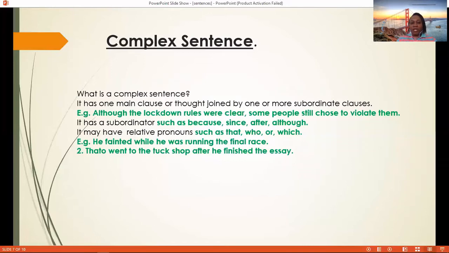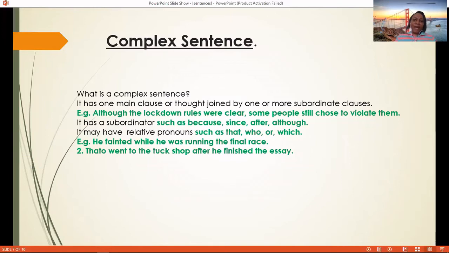I just want to quickly explain a main clause versus a subordinate clause. Right, a main clause is one which can stand on its own and make sense. Maybe think of a simple sentence like we saw in the compound sentence. A simple sentence will be a main clause because it can stand on its own and make sense.